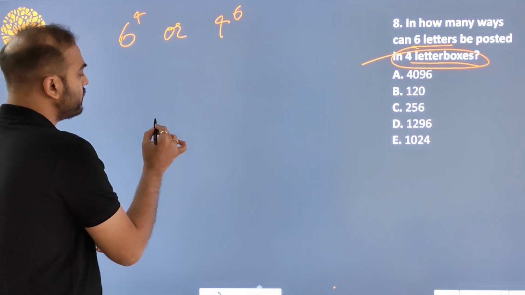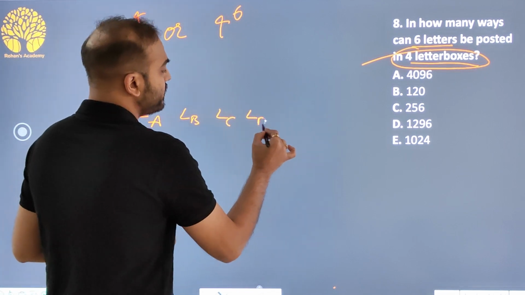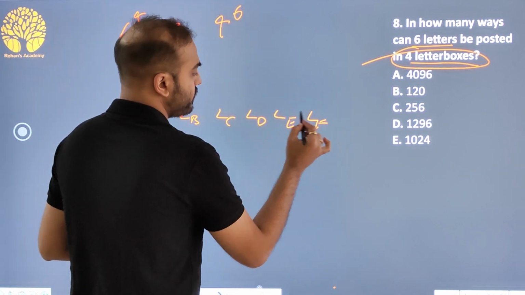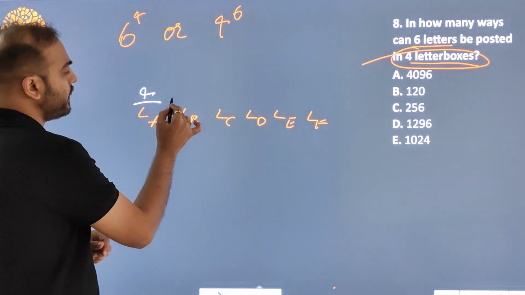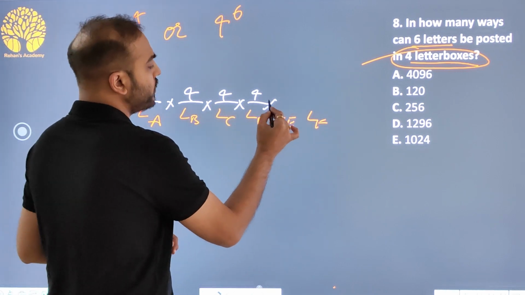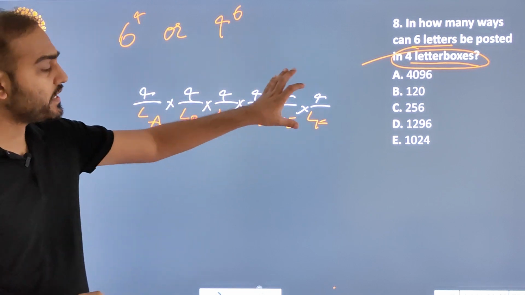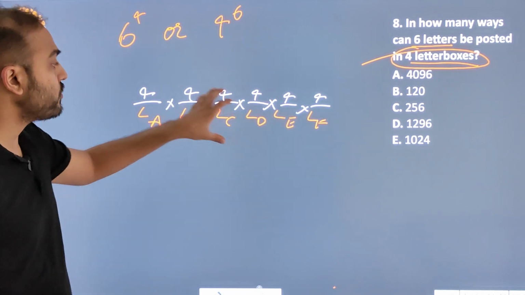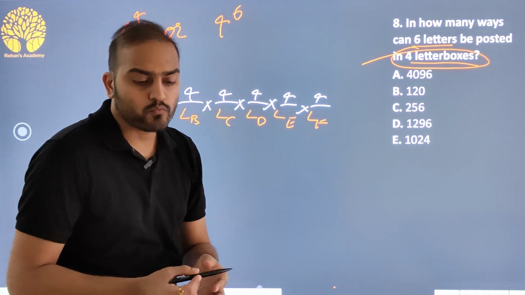So I will write letter A, letter B, letter C, letter D, letter E, letter F. I have 4 options for letter A, then 4 for letter B, 4 for C, 4 for D, 4 for E, 4 for F. Okay, sorry, we can repeat the letter boxes, we can't repeat the letters. So what will I do?